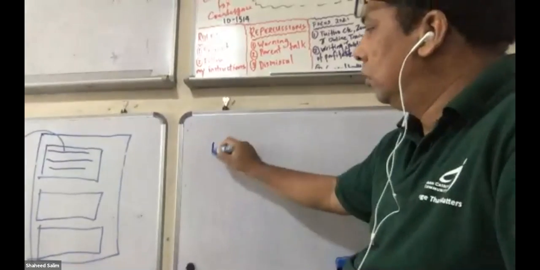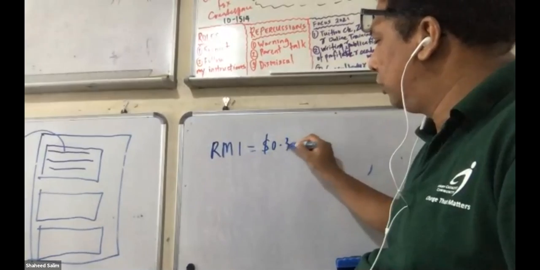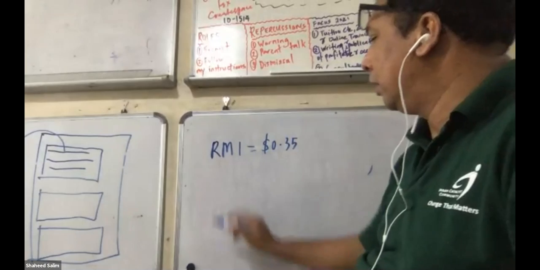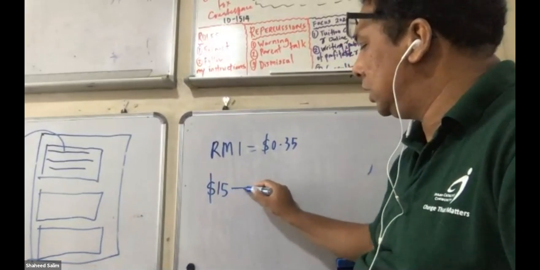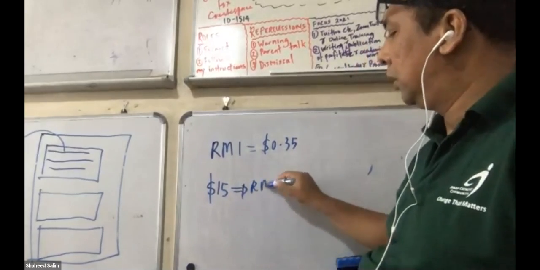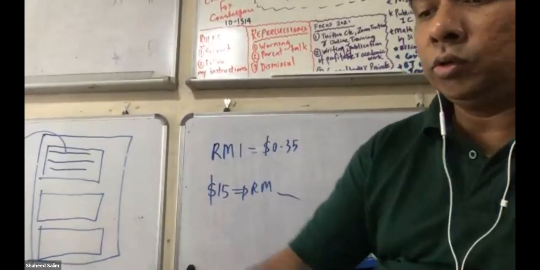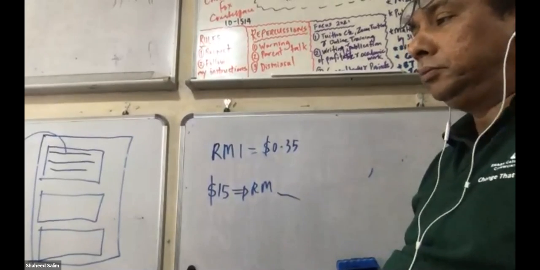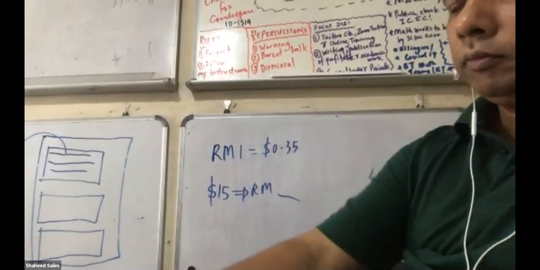Now, 1 Malaysian ringgit is equals to, let's say, 0.35 Singapore dollars. And they want to find out how much is $15 in Malaysian ringgit. Can you please find out? This is actual practice. You need to know this because I think you'll be going to Malaysia. Wait.